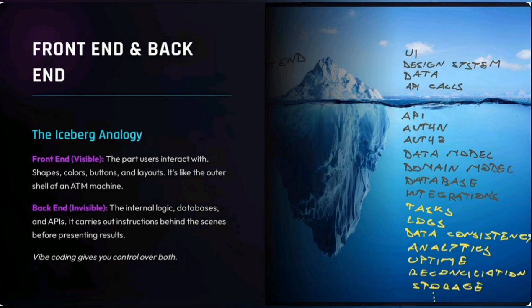Let's use the POS Bank ATM machine as an example. There's an outer part that is visible which you have access to, and there's an inner invisible part that does most of the work. You can liken the front end to that outer visible part of the ATM machine, while the inner invisible part is the back end.